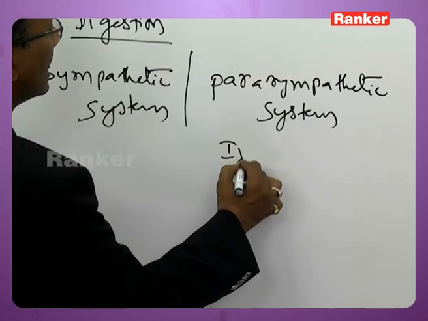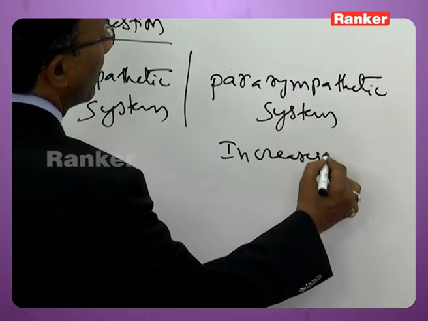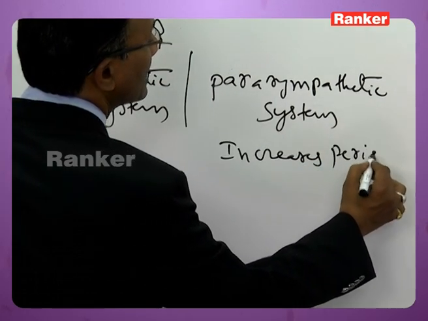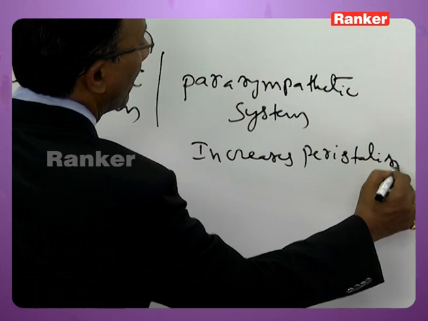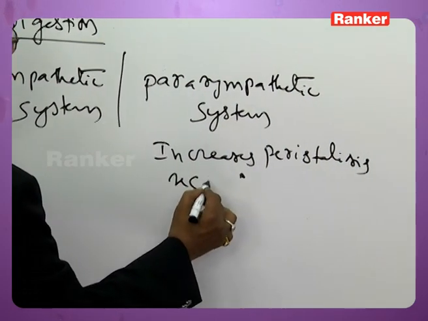The parasympathetic system increases peristalsis and secretion of digestive juices.